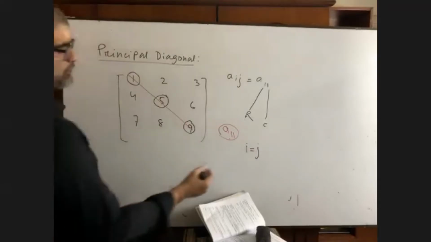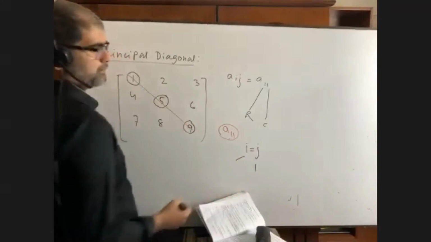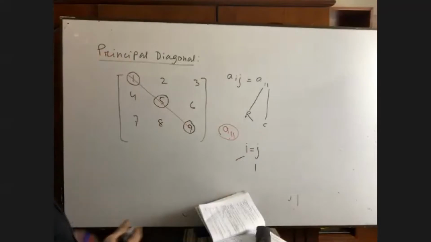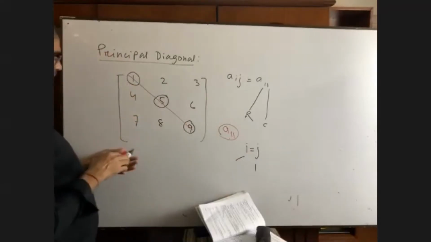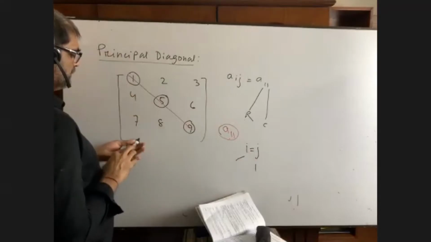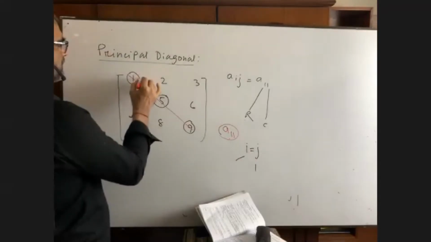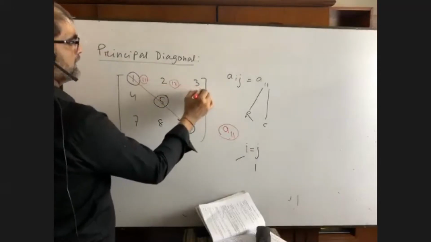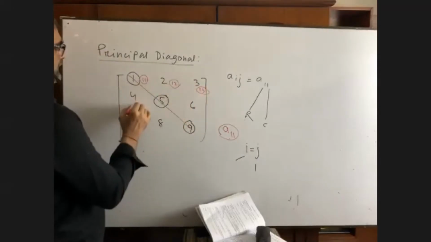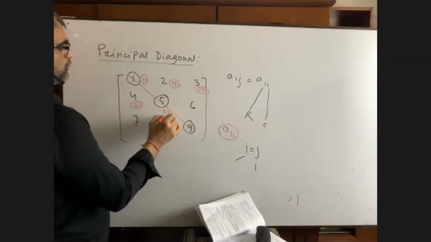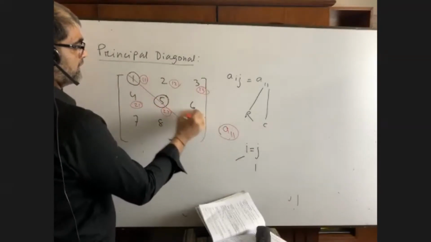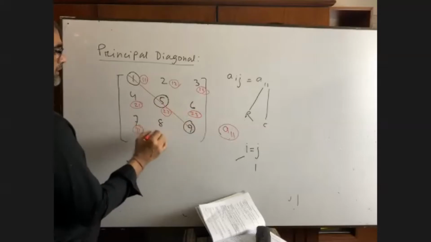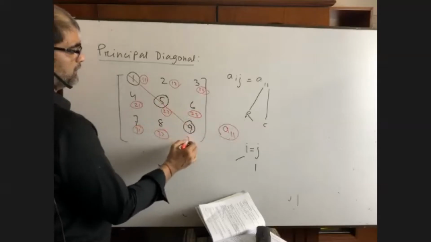You understand the meaning of i equals j? That means the row number and column number are equal. The entries along the principal diagonal are A11. Can you remember, please? It is 1, 2; 1, 3; 2, 1; 2, 2; 2, 3; 3, 1; 3, 2; 3, 3.